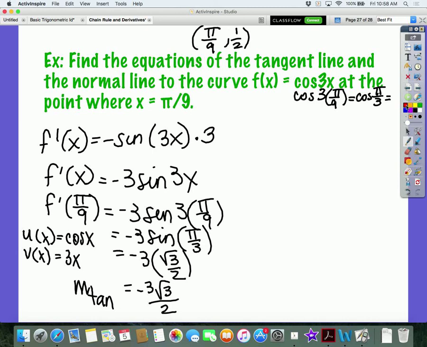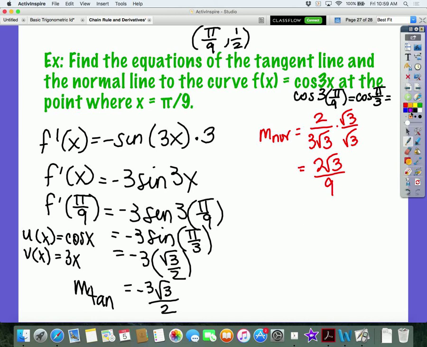To find the slope of your normal, you have to multiply by root 3 to rationalize, because you can't have the root on the bottom. So what will that give you? 2 root 3 over 9. Root 3 times root 3 is positive 3, and 3 times 3 is 9.